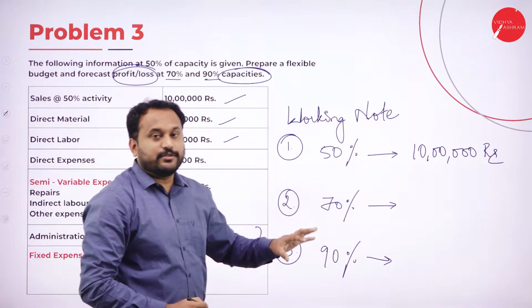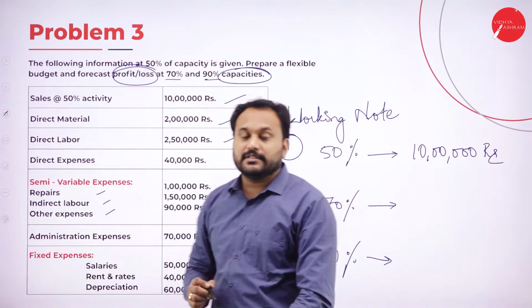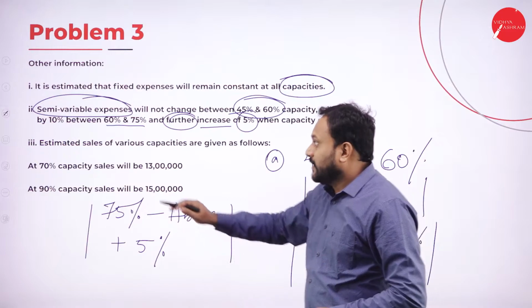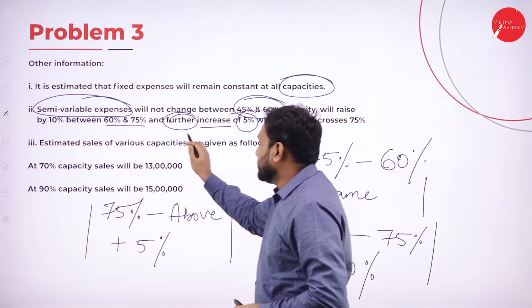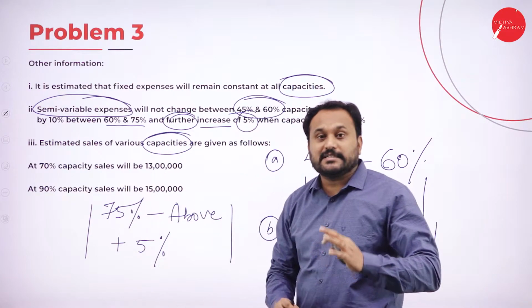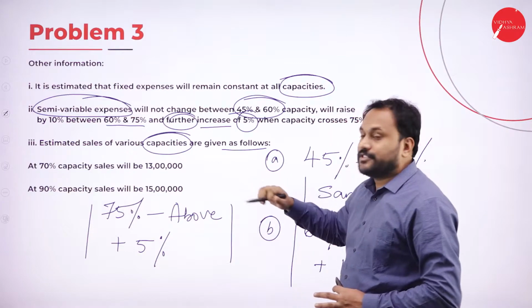Now what you are supposed to do is calculate for 70% and 90%. But here students, if you carefully understand, they have only given estimated sales of various capacities. Estimated sales of various capacities are given as follows.